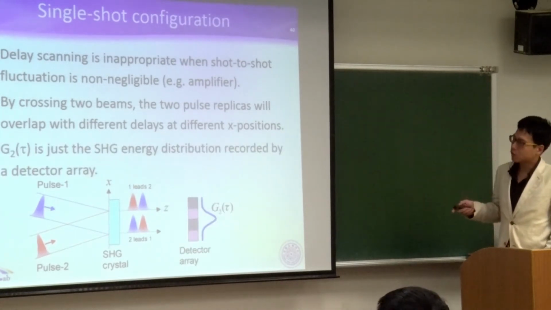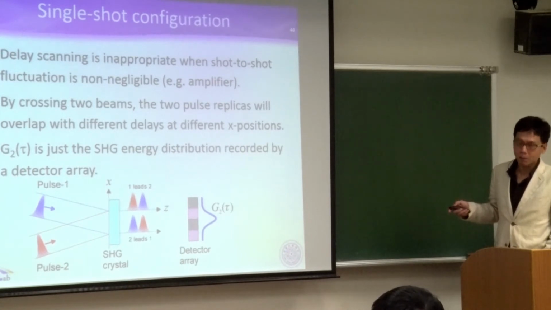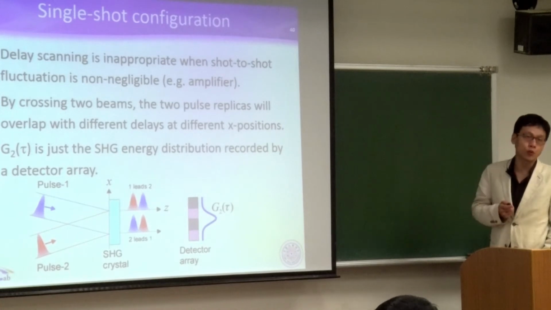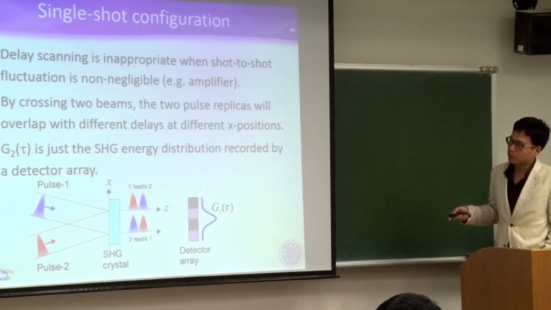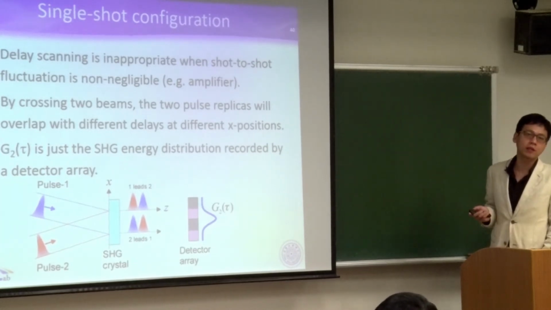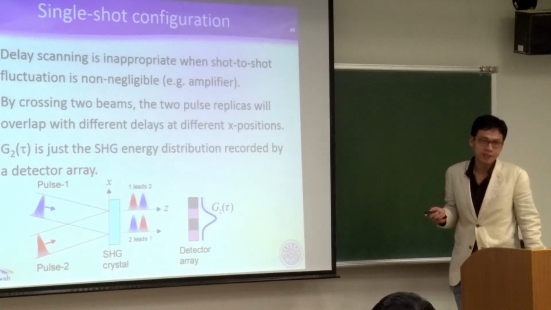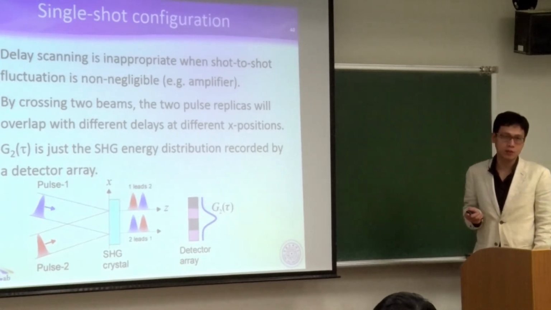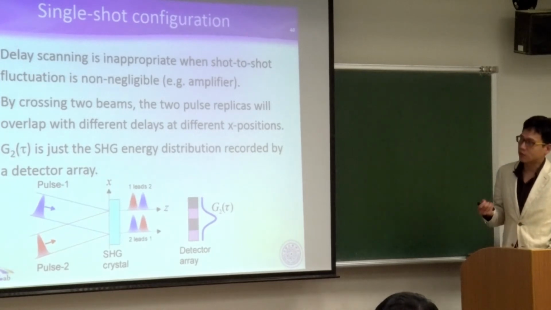If this is true, then you can directly capture the G2 function by a detector array. Because at different lateral positions, different pixels can record the corresponding second harmonic energy. So the energy distribution along the lateral position is directly the G2 function trace.